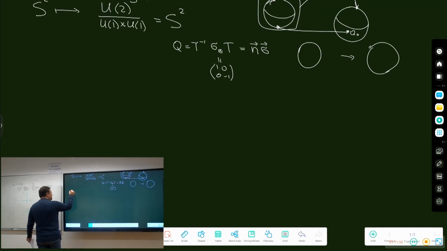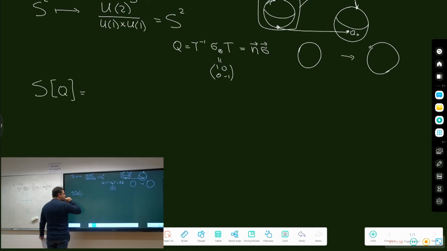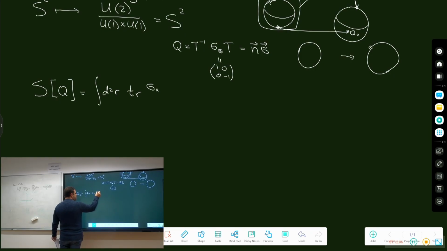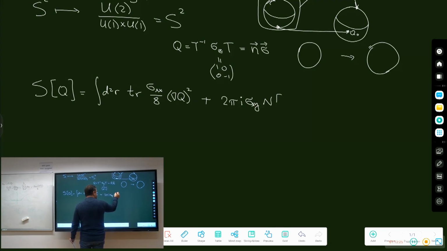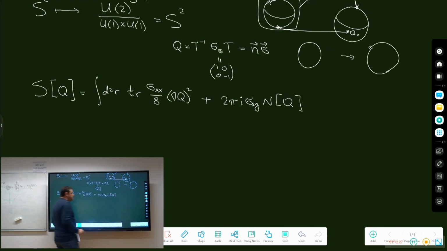Look, the action of our sigma model now becomes the action of Q is the integral, two-dimensional, trace sigma xx over 8 gradient Q squared plus 2 pi i sigma xy n of Q. It's just the same action.